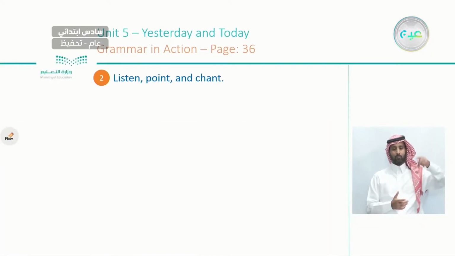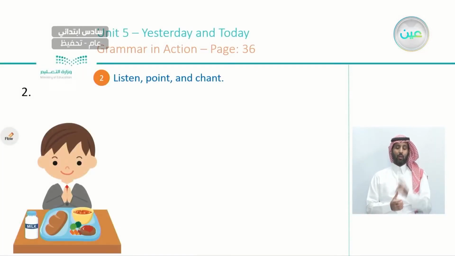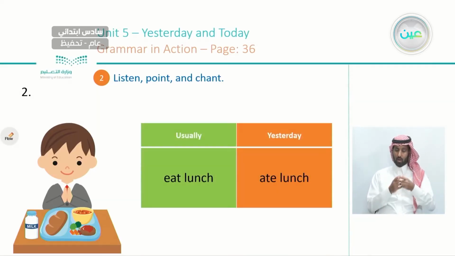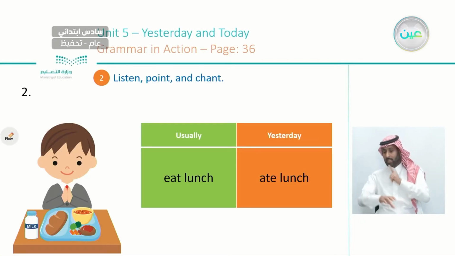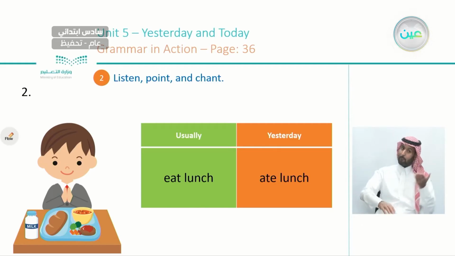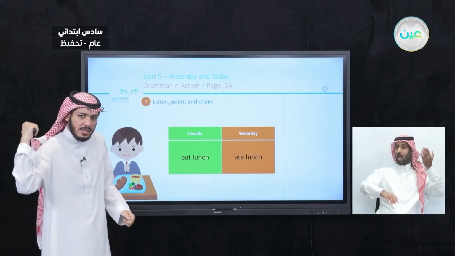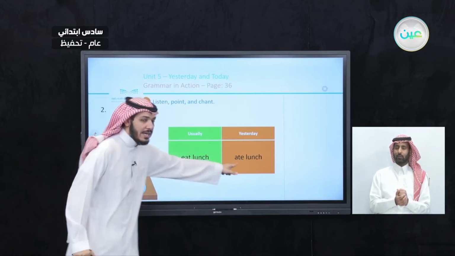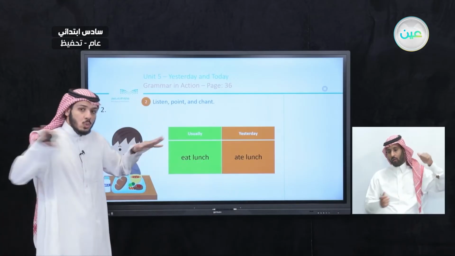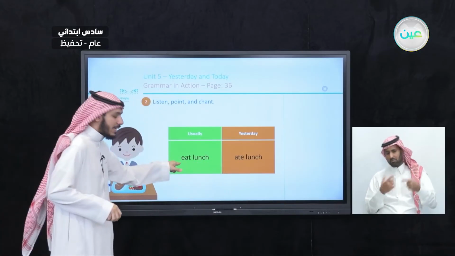Okay, number 2, we have this boy and he's eating lunch. Usually the boy eats lunch at maybe 3 o'clock, but yesterday he ate lunch at maybe 4. Yesterday ate, but usually eat.